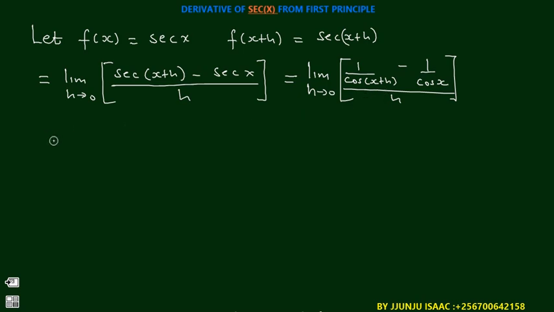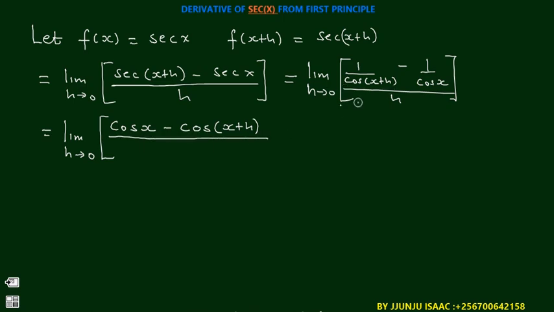So this will be the limit as h tends to 0 of cos x minus cos of x plus h, over our denominator, cos of x plus h times cos x, divided by h. So we can write h here.